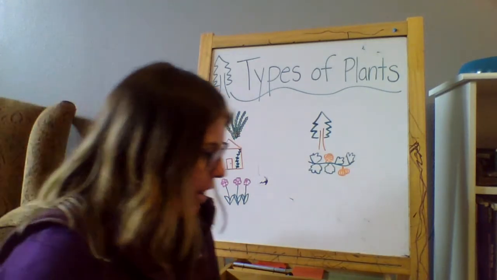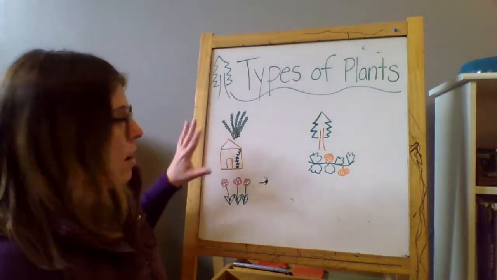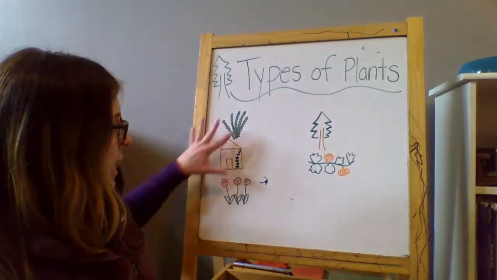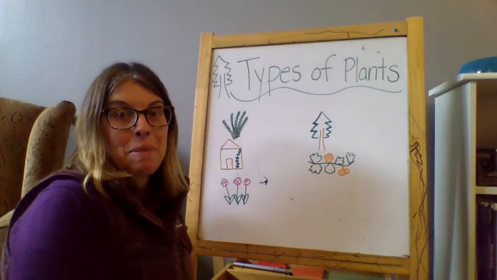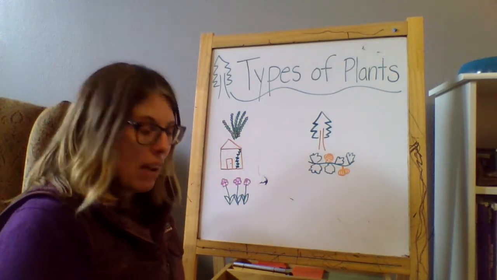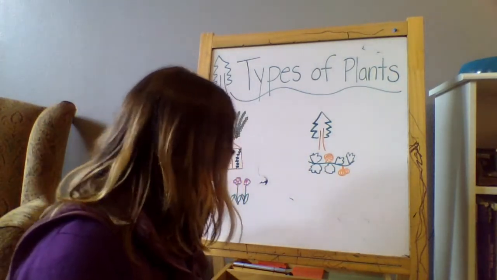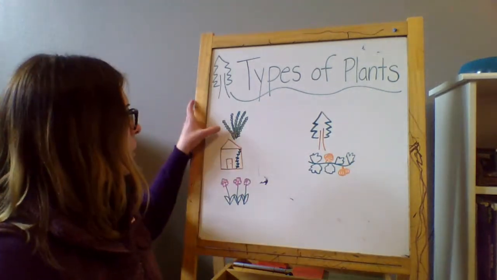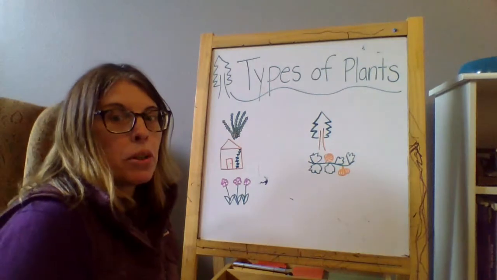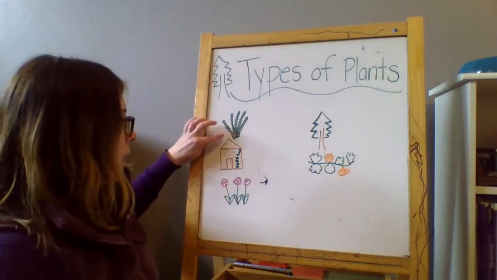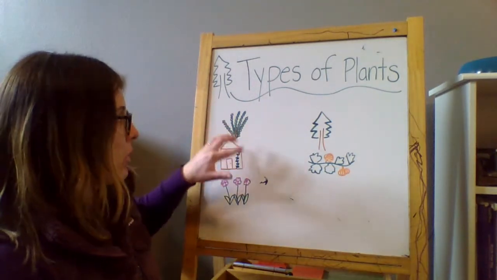So the 5 different types are represented here in pictures. I want to see if you can remember from the video what the 5 different types are. So let's look through these together. Here's one that has multiple stems or stalks that are woody and lots of woody branches.